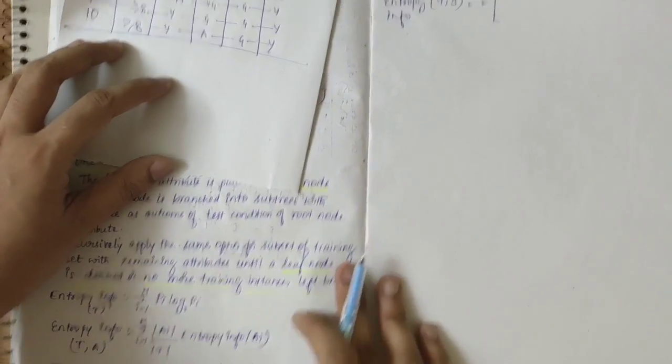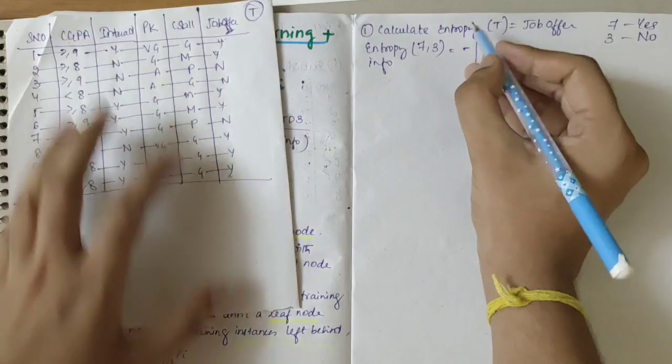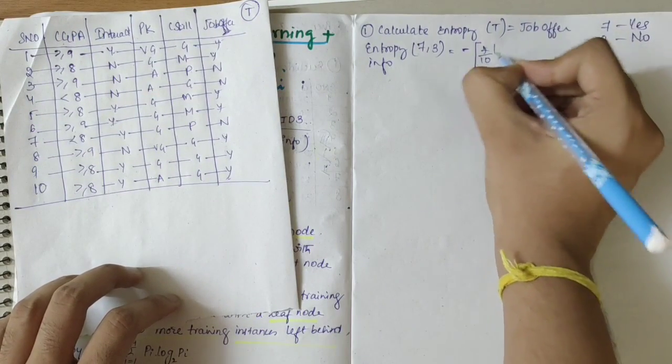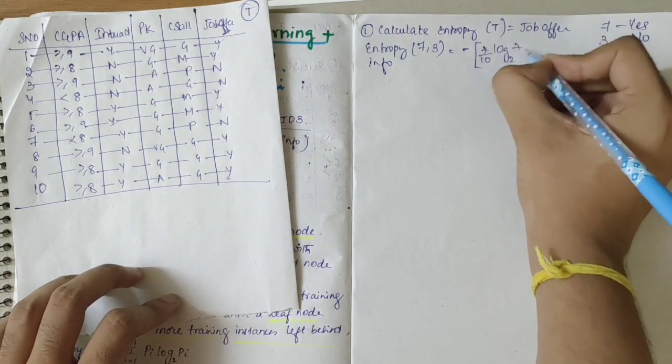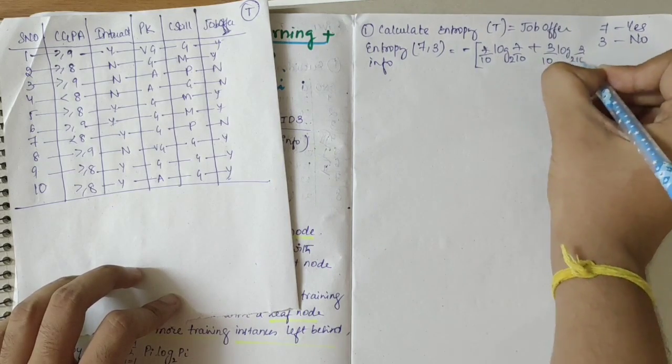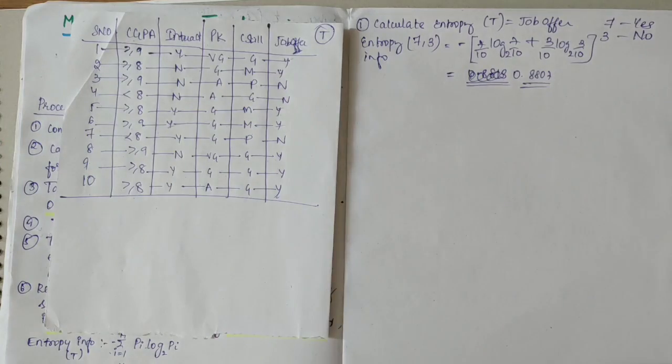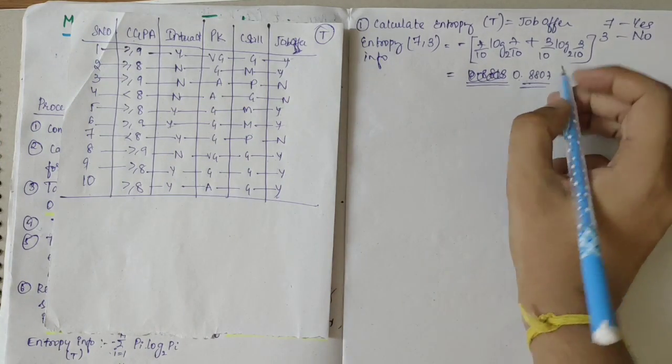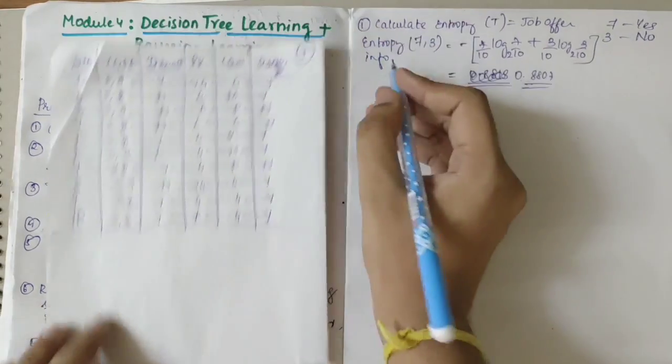Followed by that, we write 7 by 10 log base 2 of 7 by 10 plus 3 by 10 log base 2 of 3 by 10. I'll quickly solve this in the calculator, and I get 0.8807. So I'm done with the first step.